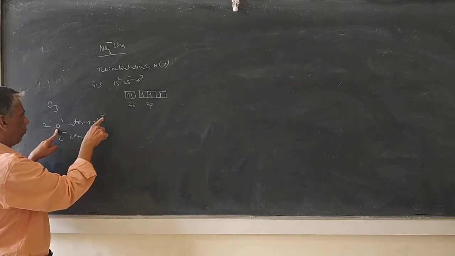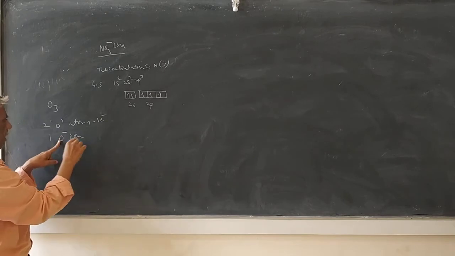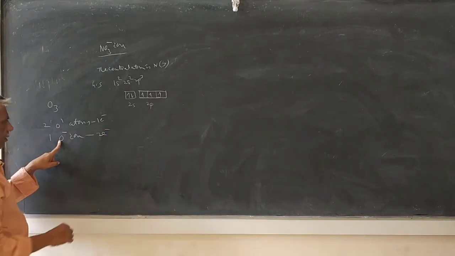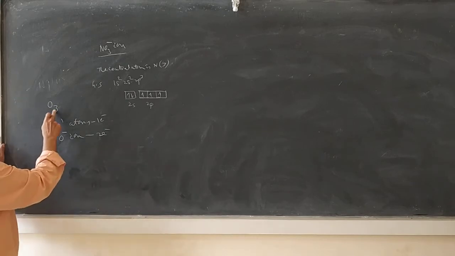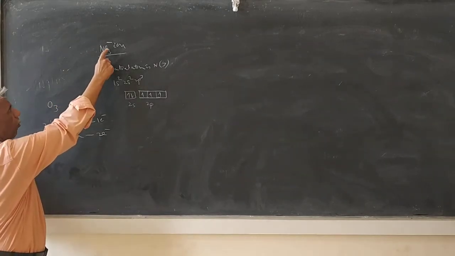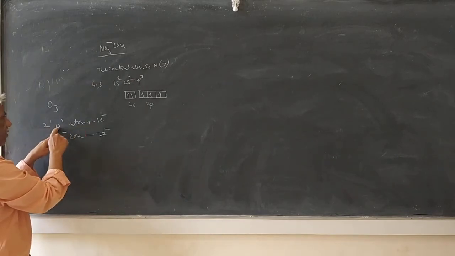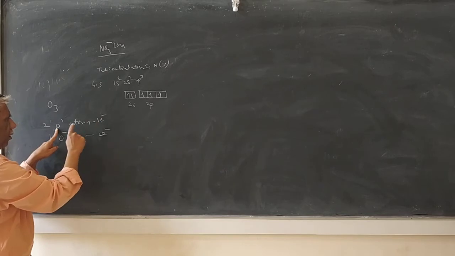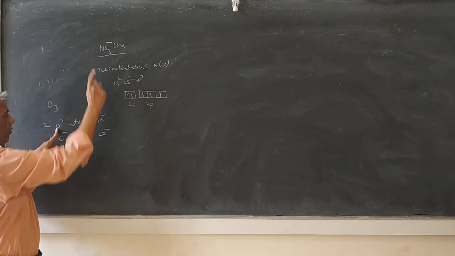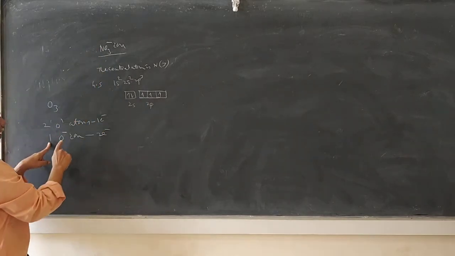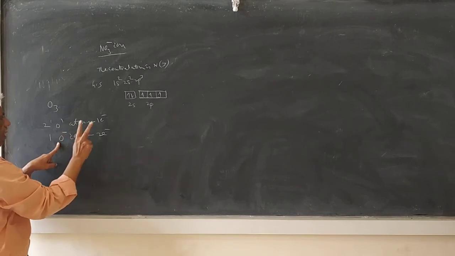One oxygen atom will give 1 electron, another oxygen atom will give 1 electron. But in case of O minus ion, it will give 2 electrons. Understood? Out of 3 O's, 2 O's are atoms. Each atom will give 1 electron to nitrogen. Whereas another O, which is in ionic form, a negative ion here, will have 2 electrons.